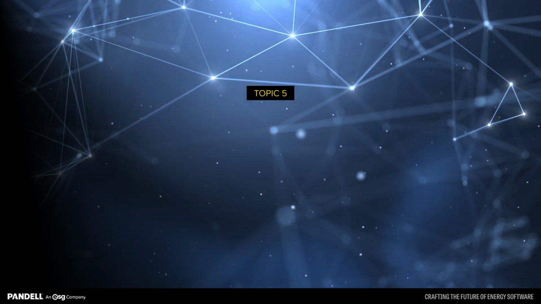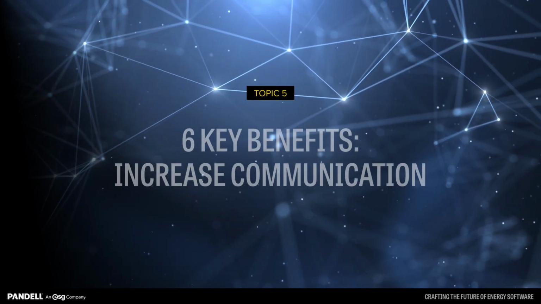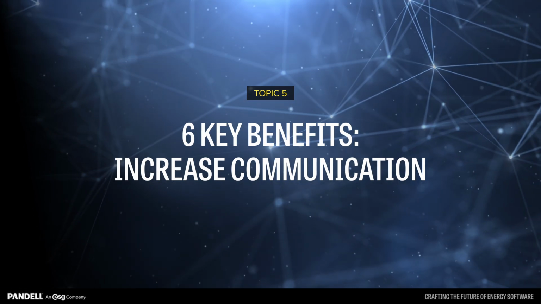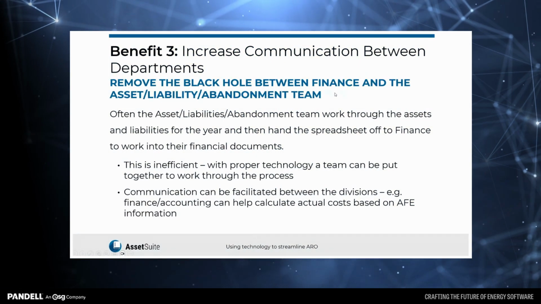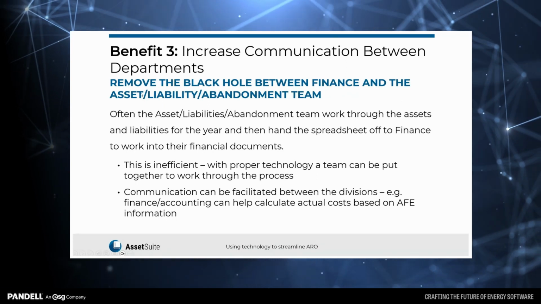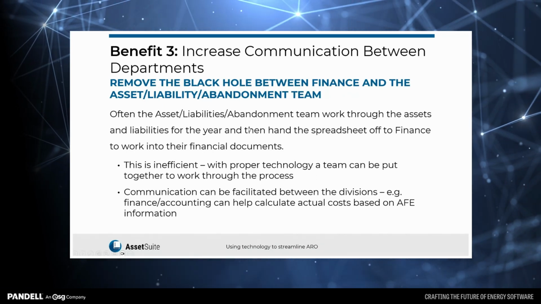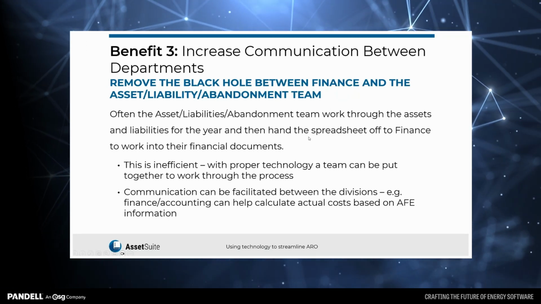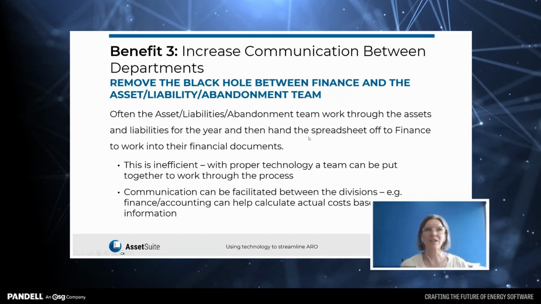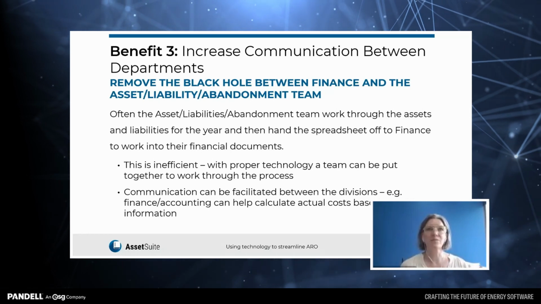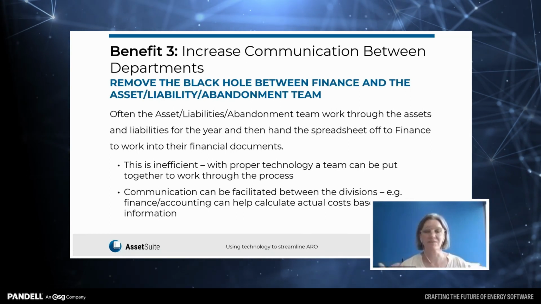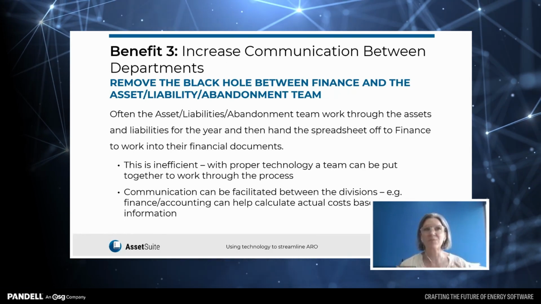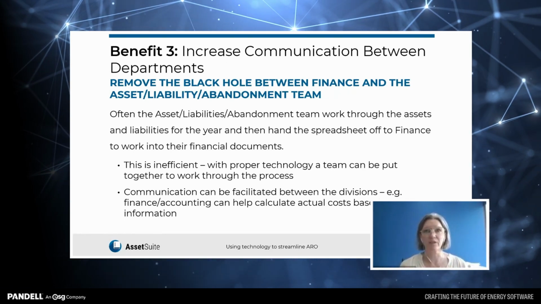So benefit number 3 is the ability to increase communication between departments. You're removing the black hole between your finance team, as Lydia was just saying, and your asset liability and abandonment team. These teams often work almost separately, where your asset liability and abandonment team works on the assets and liabilities and then hands off that spreadsheet to finance, and that communication can be inefficient, but it can be made more efficient with proper technology.